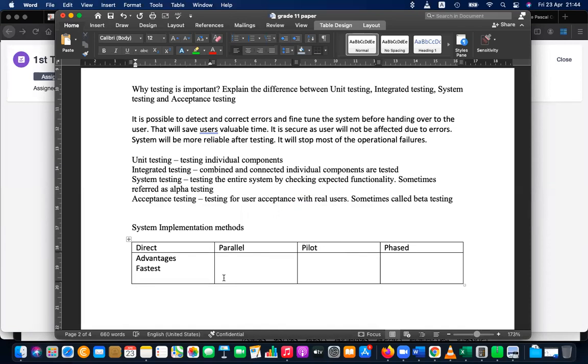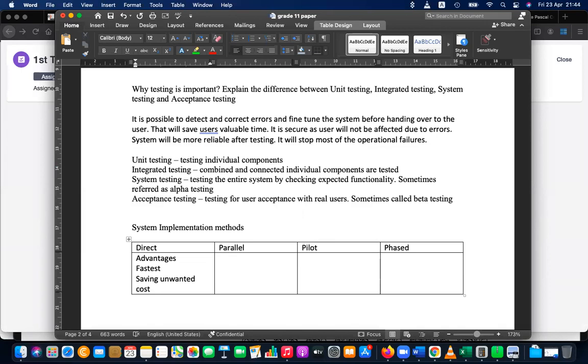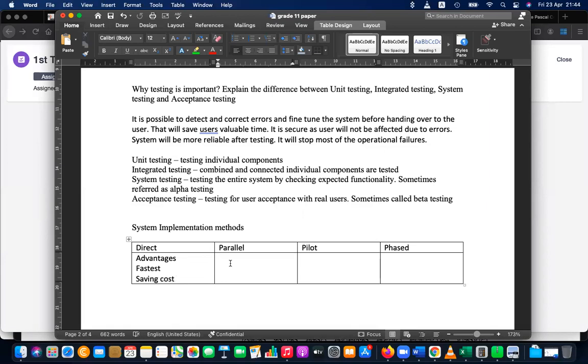It also saves cost, because direct implementation stops the old system and starts using the new system immediately. But there are some disadvantages also. So what are the disadvantages? Users might reject it.